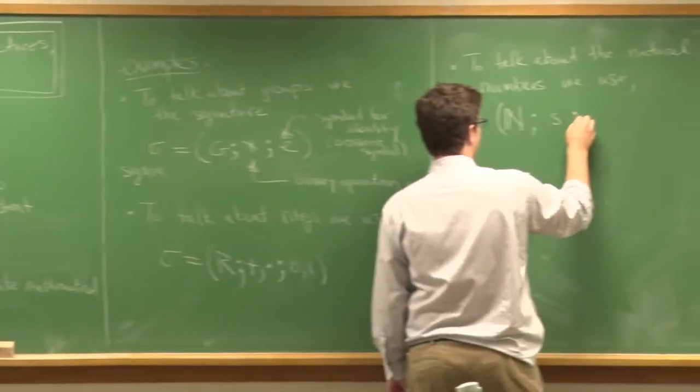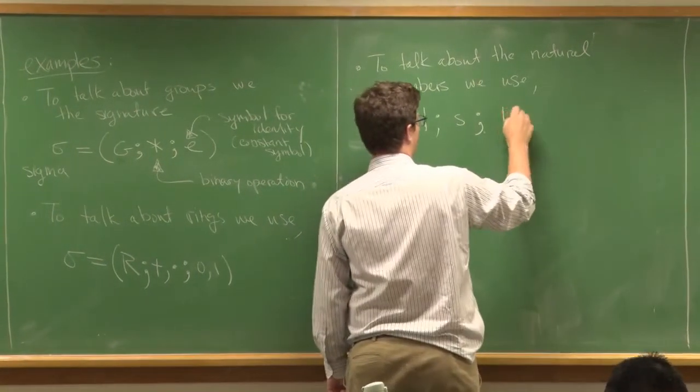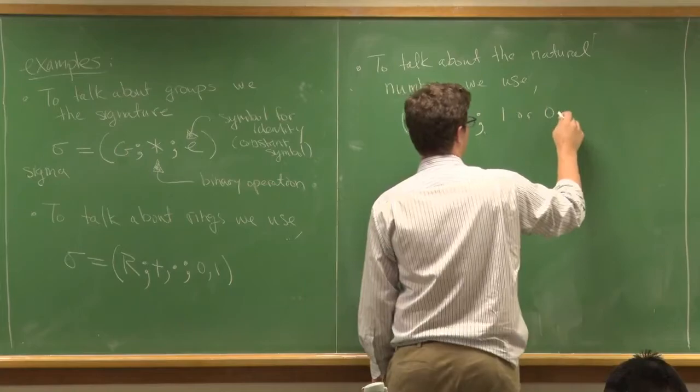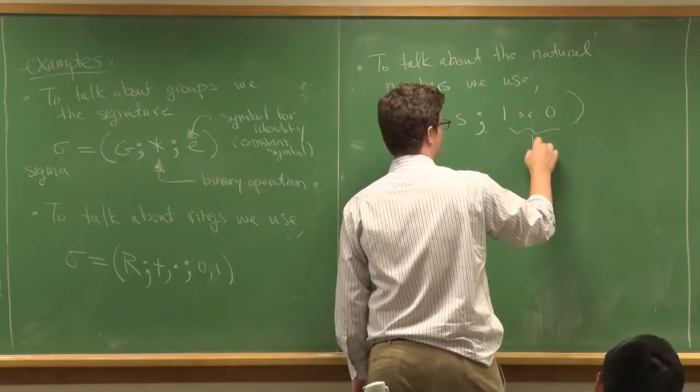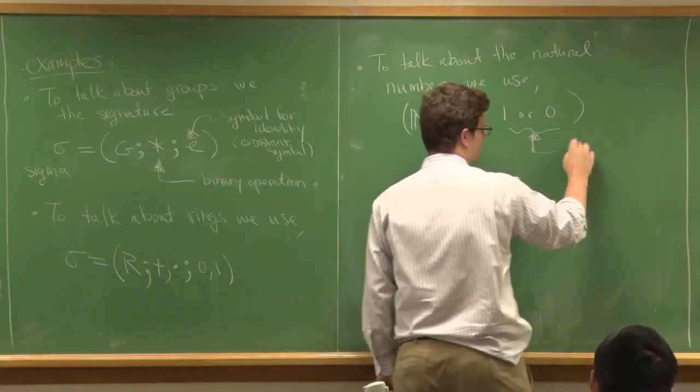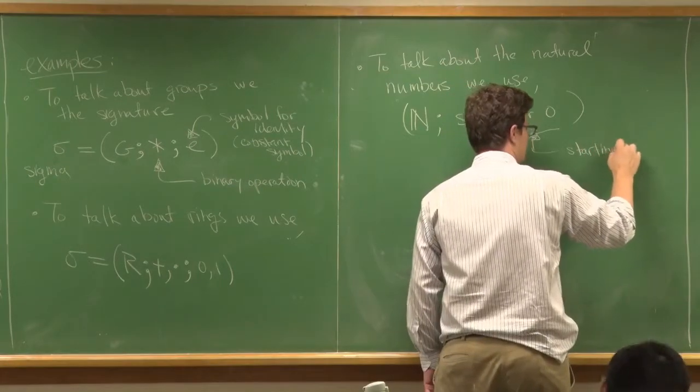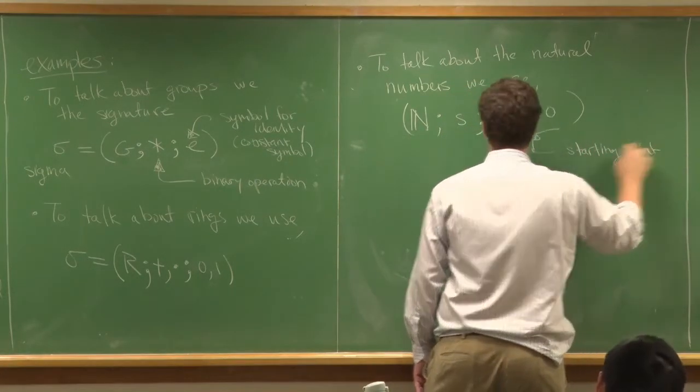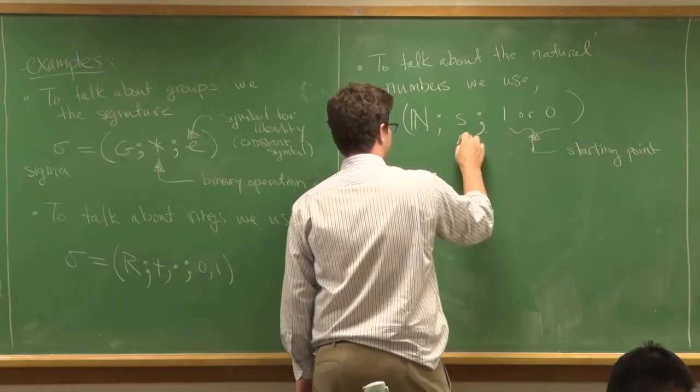This was our successor function, and then we had either 1 or 0, and so this was our starting place. This is the constant symbol, which is our starting point, right? And then this was the successor function.